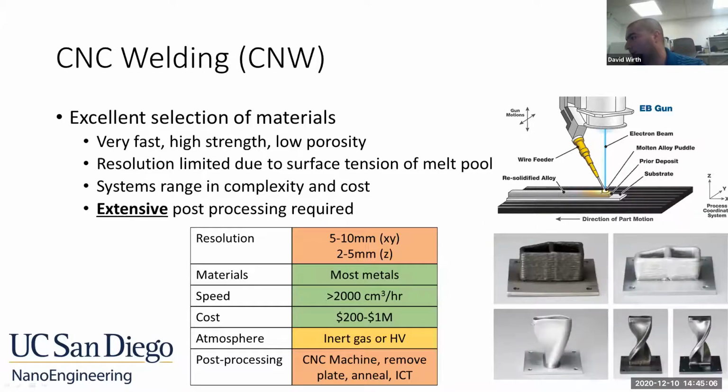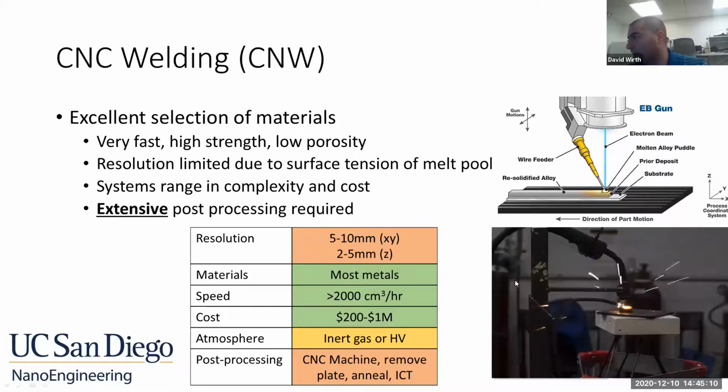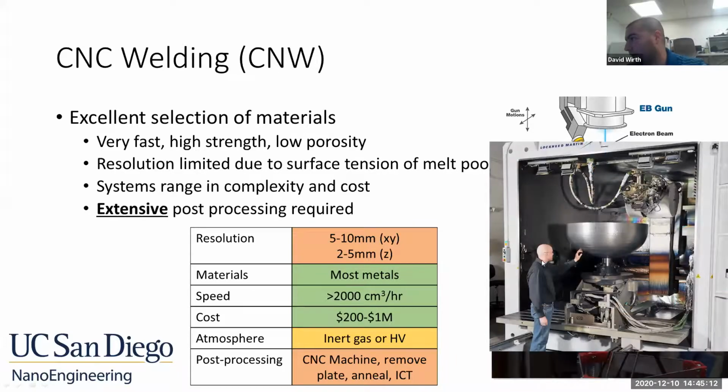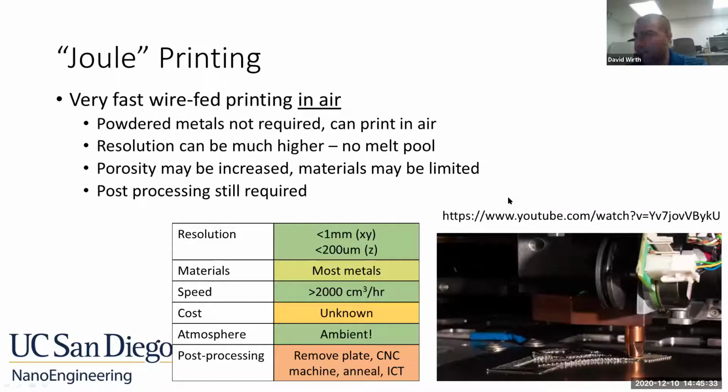And you can get decent looking parts out of it, but not the greatest. And you can make really big parts. Like here's this $1 million thing that Lockheed Martin built to make big, looks like, I don't know, champagne glasses or something. But you need a lot of post-processing. Inert gas, obviously, because it's a welding process. Not going to talk about this too much, but it is the easiest.